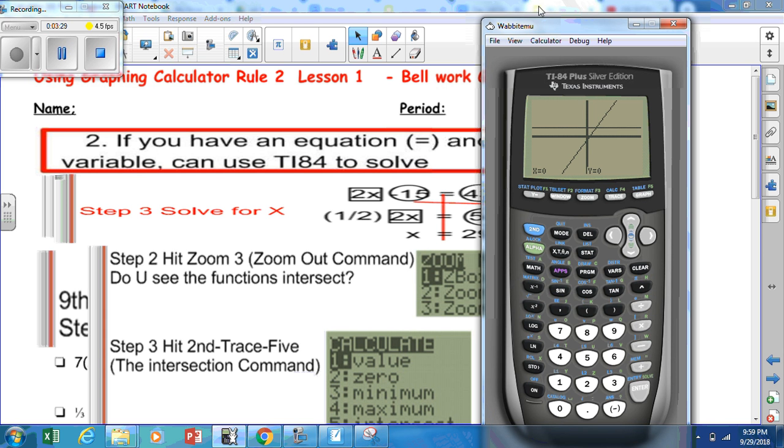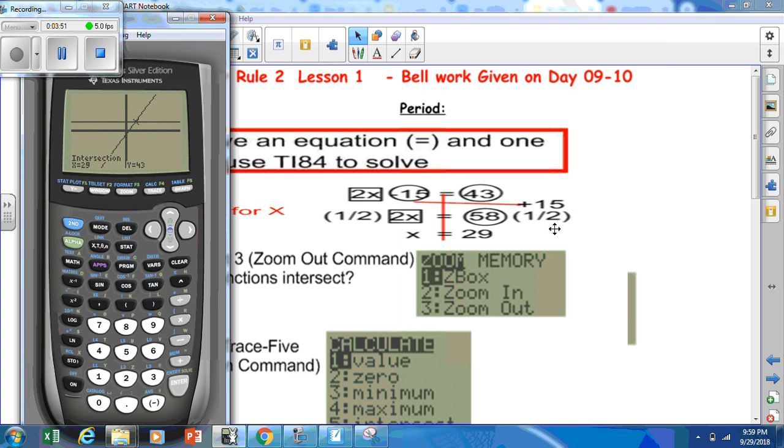All right, 29 should be the solution that we have, and it is. That's what we would expect. Second trace 9 is going to give us our final answer, which is, you guessed it, 29.